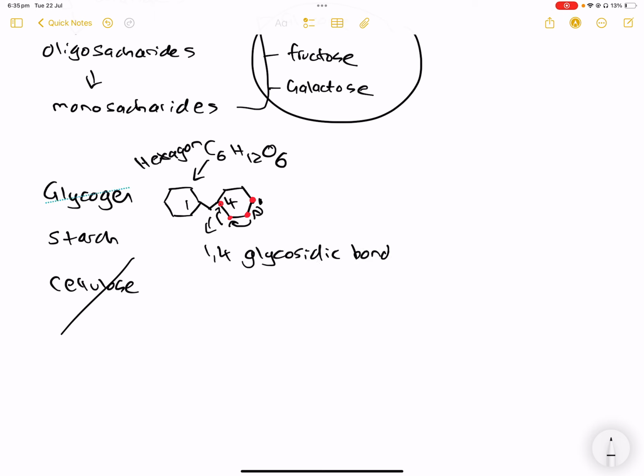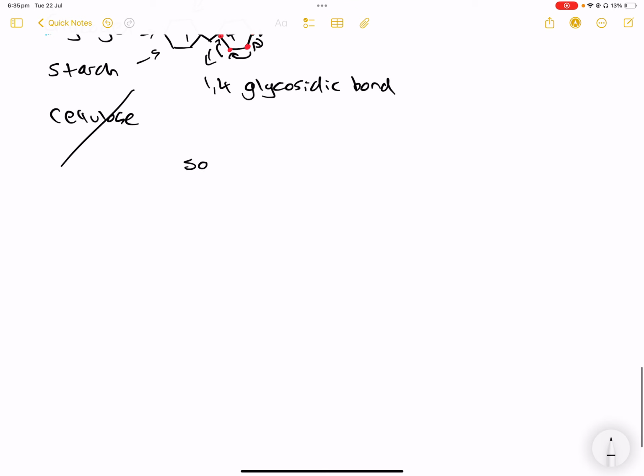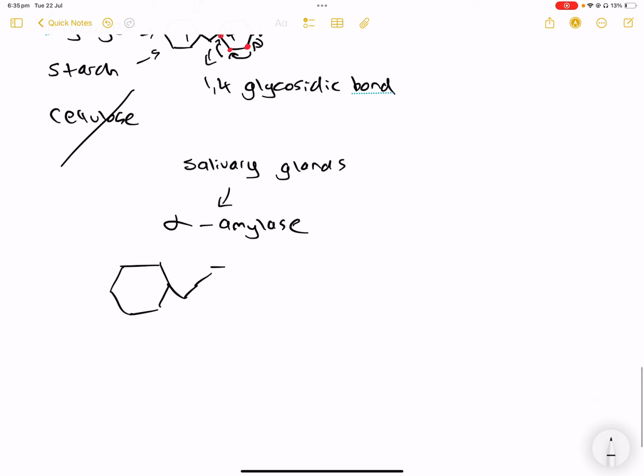And we have enzymes that can actively break that. We have, in our saliva, produced by our salivary glands, alpha amylase. And alpha amylase, as the name suggests, directly breaks this bond.